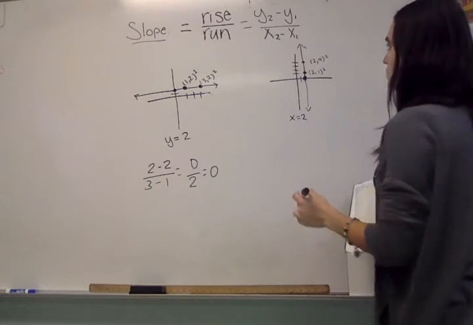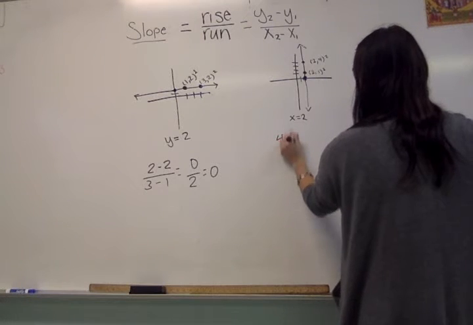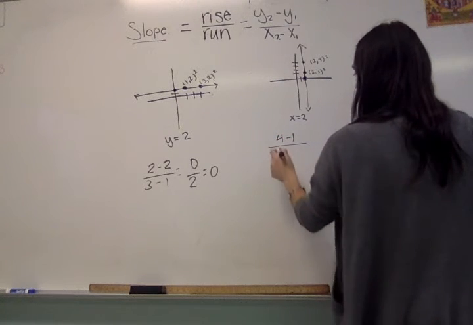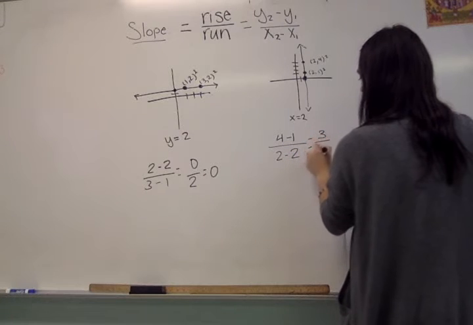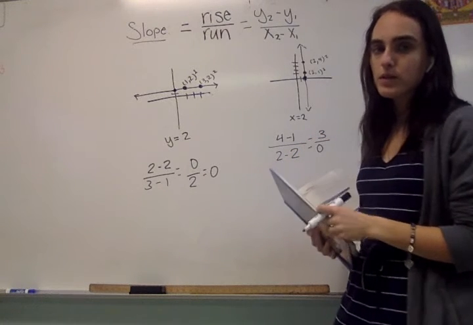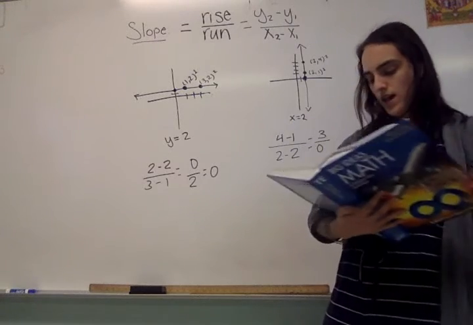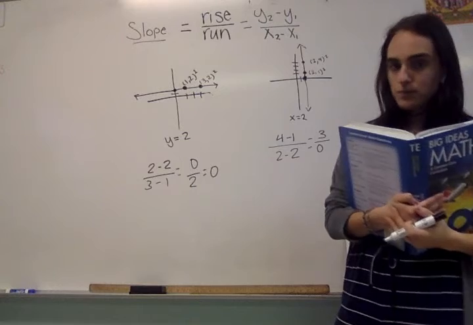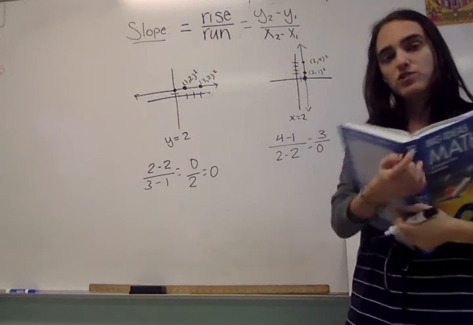So then I'm going to do y2 minus y1, which would be 4 minus 1, over 2 minus 2, which is 3 over 0. Now, you cannot divide by 0. You cannot simplify this. 0 can never be on the bottom of a fraction.